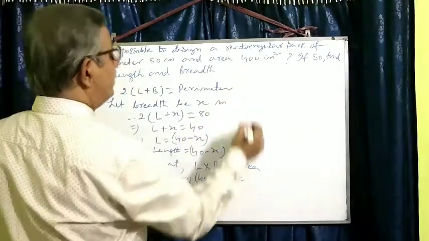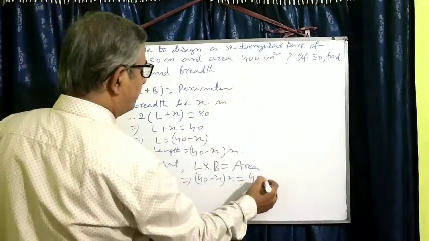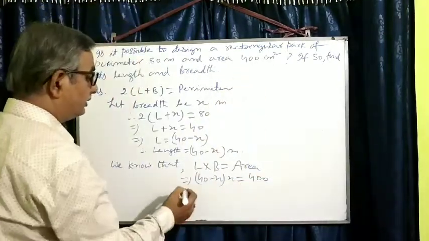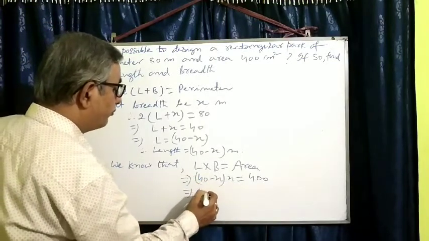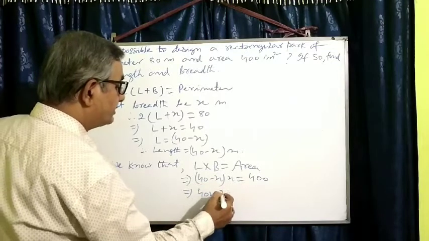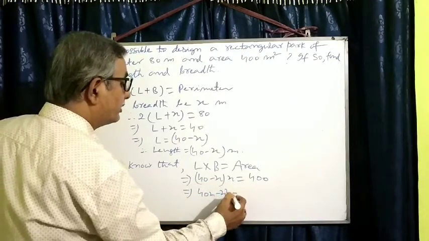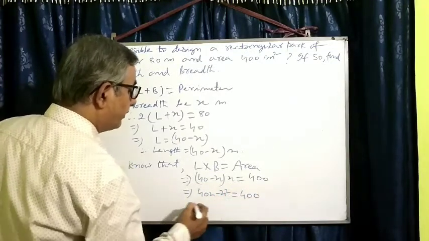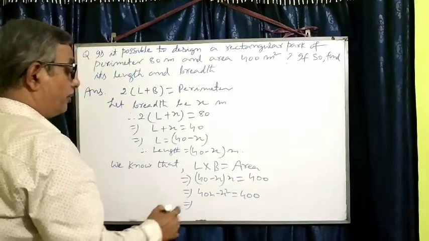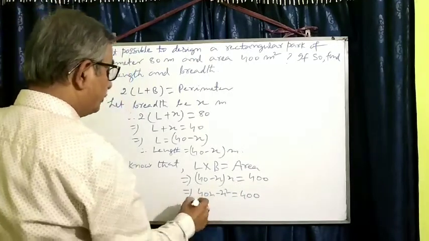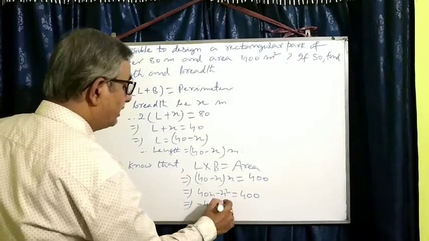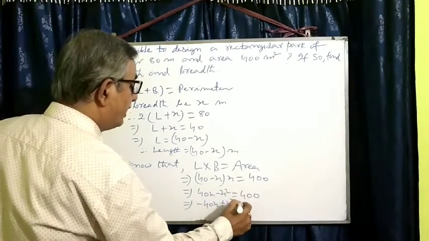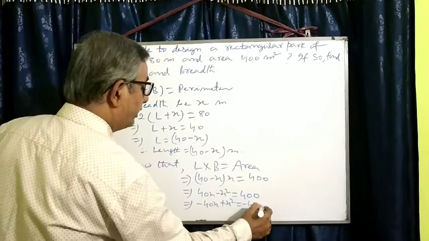Area is already given 400 meter square, so we write only the figure, not the unit. Now 40 into x, we are getting 40x minus x square is equal to 400. Now multiply both sides by minus, so it will be minus 40x plus x square is equal to minus 400.